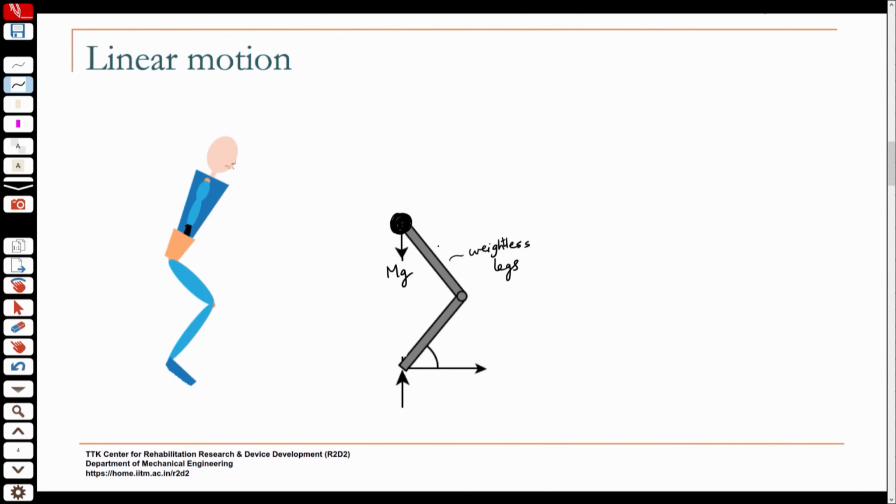Let us say the thigh and the shank both are length L, just to simplify. This is my reaction force from the ground.